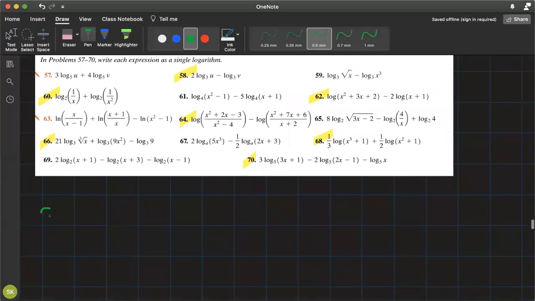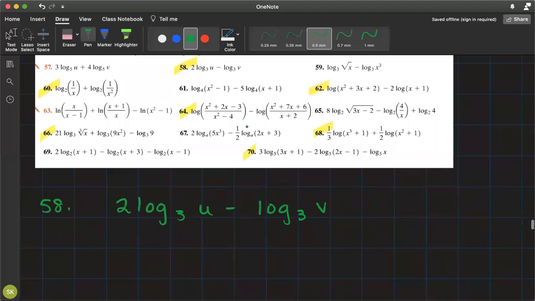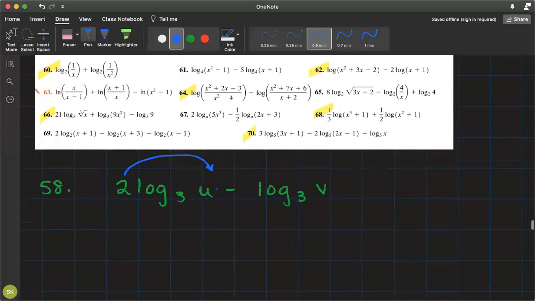So let's start with 58. We have 2 log 3u minus log 3v. So I want to put it as one single logarithm. So everything I've been doing, I'm going to reverse it. So the first thing you can notice is you have a 2 in the front. You can put that back up here as an exponent.